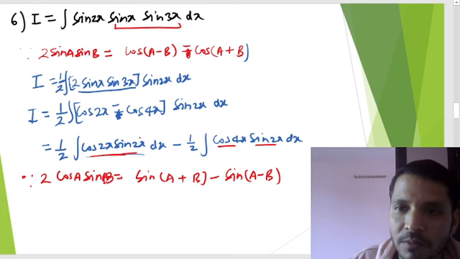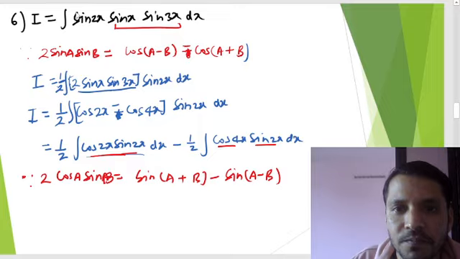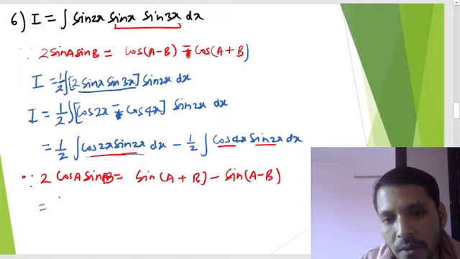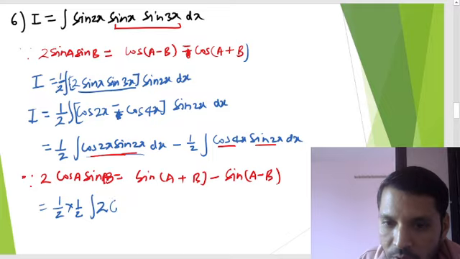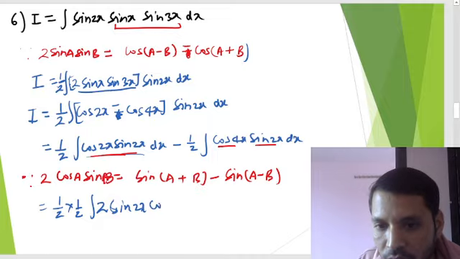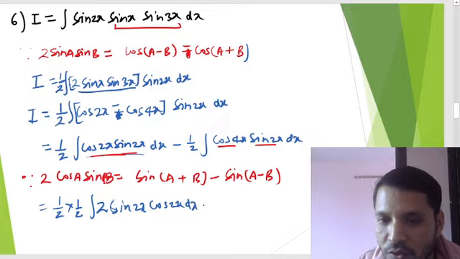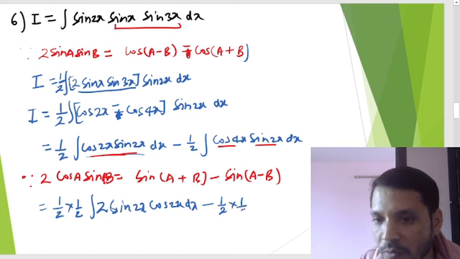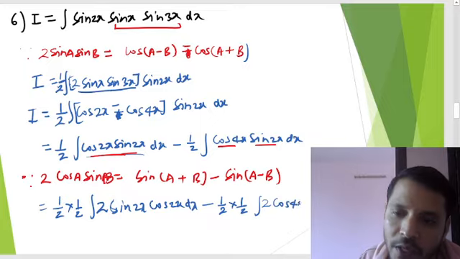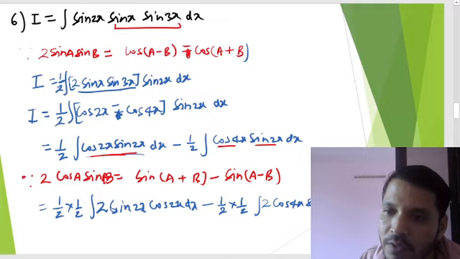So the first term is easy, here we can just multiply and divide again by 1 by 2, so it will become 2 times, just rearranging the terms, sin 2x, and then write cos 2x into dx. So this term is over. Now the second term, here also we can multiply and divide by 2, so it will become 2 times cos 4x sin 2x into dx.